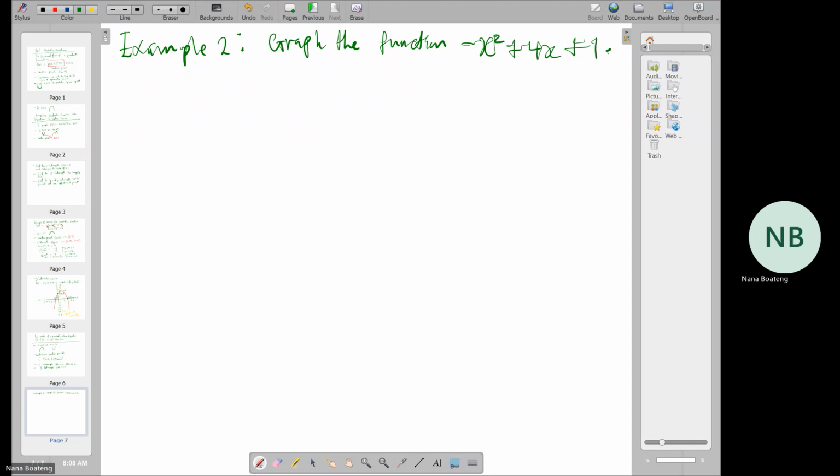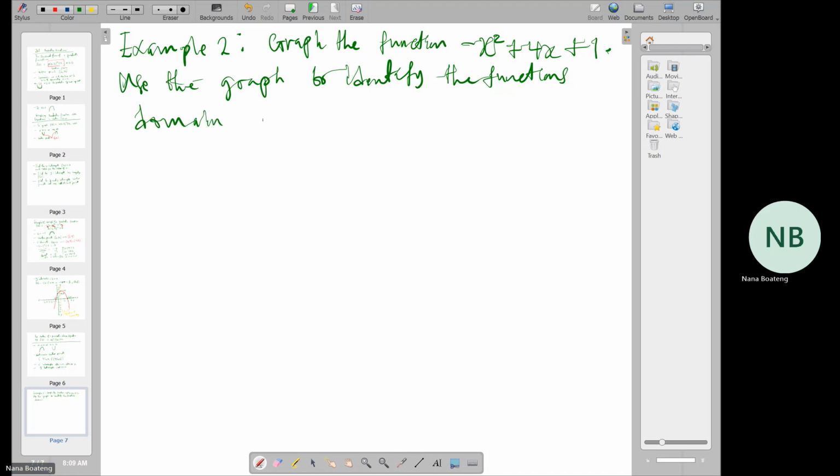Use the graph to identify the function's domain.